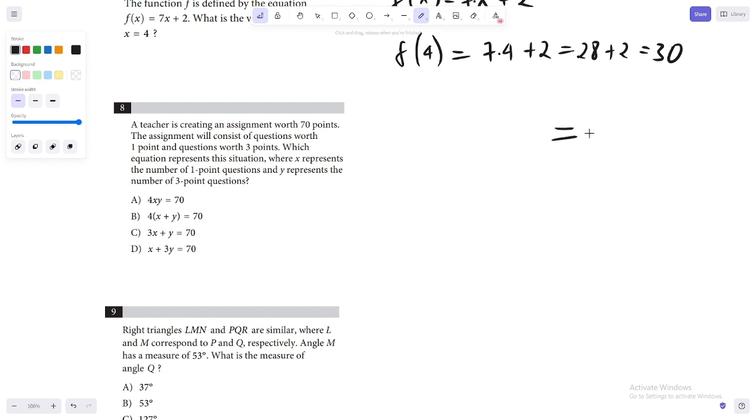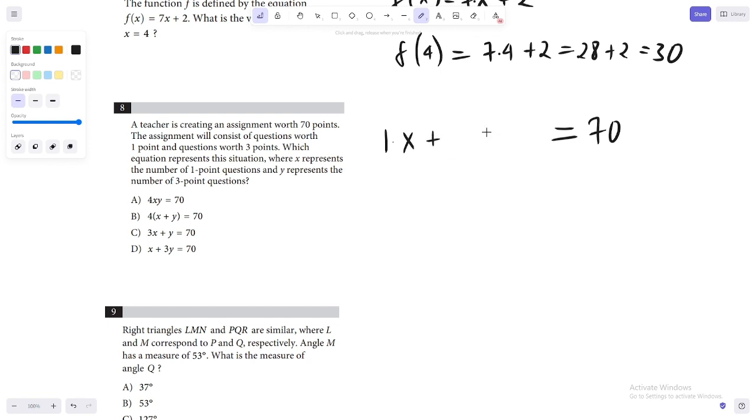The total number of points is 70. Number of points must equal 70. And for that, we'll have x 1-point questions. So for every 1-point question, whatever the value of x, you have to multiply it by 1. So we get the amount of points we get from 1-point questions.